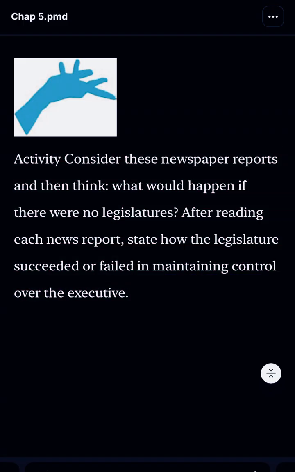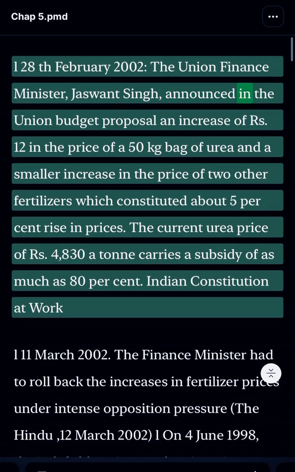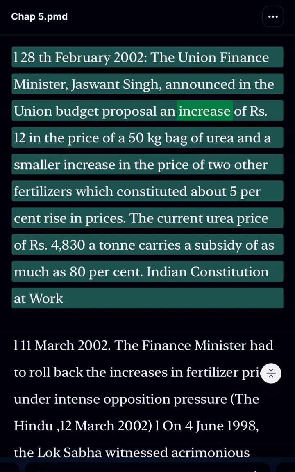On the 28th of February 2002, the Union Finance Minister, Jaswant Singh, announced in the Union budget proposal an increase of Rs. 12 in the price of a 50 kilogram bag of urea, and a smaller increase in the price of two other fertilizers, which constituted about a 5% rise in prices.